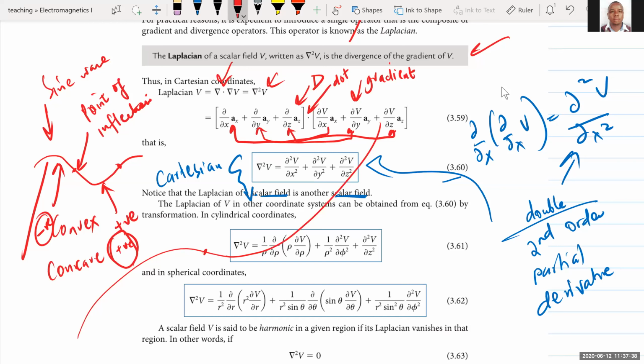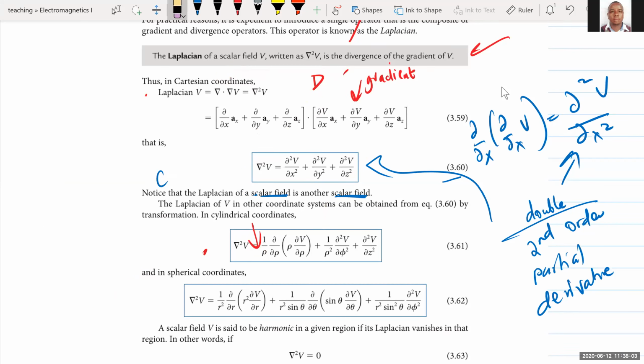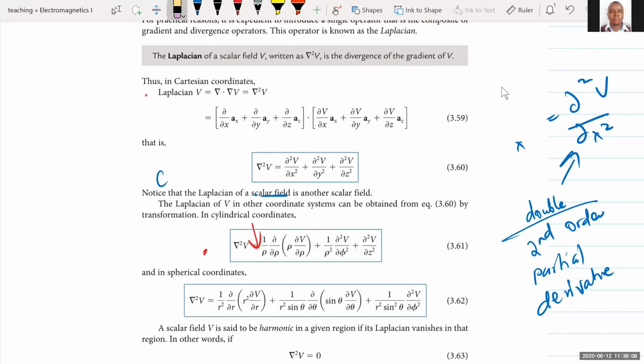Therefore, we want to find out how much our concavity is changing with the dimensions that we have. I don't want to go into the details because that may lose some of you. All I'm saying is that the Laplacian operator defines for you the concavity of a field with the dimensions.